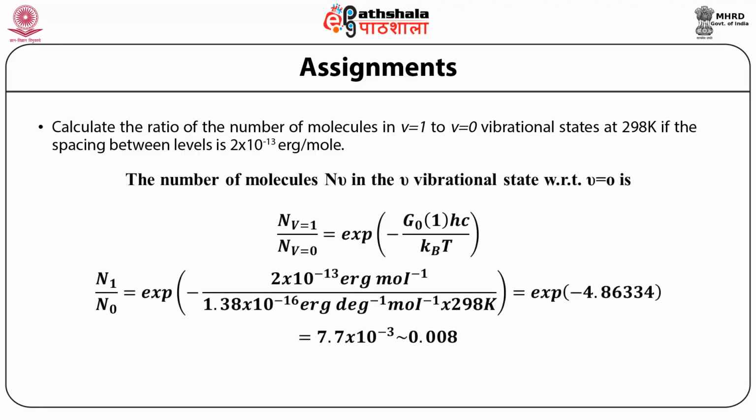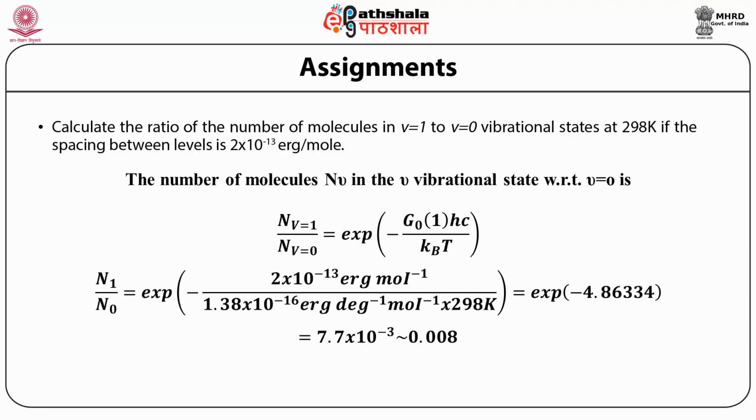So, the number of molecules N nu in the nu vibrational state with respect to nu equal to 0 is given by the relationship N nu equal to 1 upon N nu equal to 0 is equal to exponential minus G nu, where nu is 0, hc upon kBT.